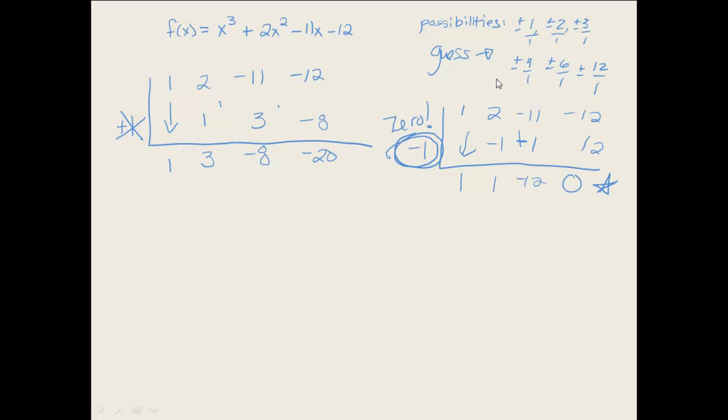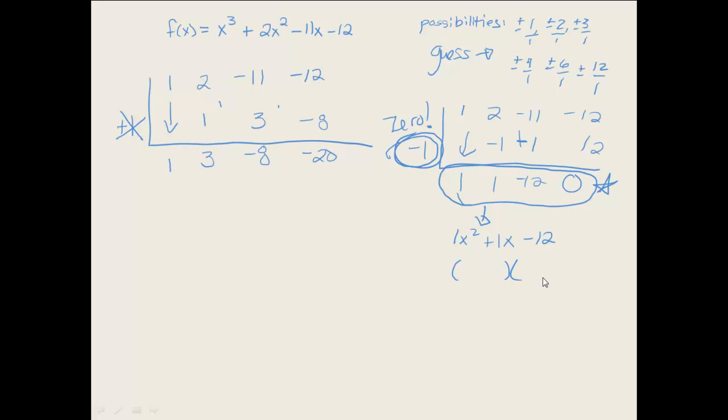Now, you can continue guessing and checking from here, but that is going to take a while. What you would rather do is you want to take these new numbers here and write that new polynomial that results from doing this division. So we would have 1x squared plus 1x minus 12. And then from here, you would want to try to either factor it or use the quadratic formula or complete the square to find your zeros.